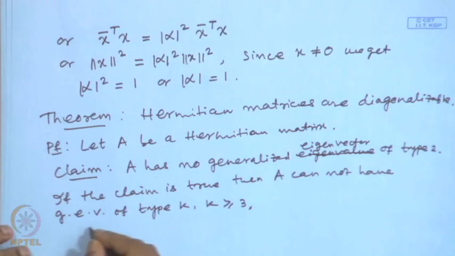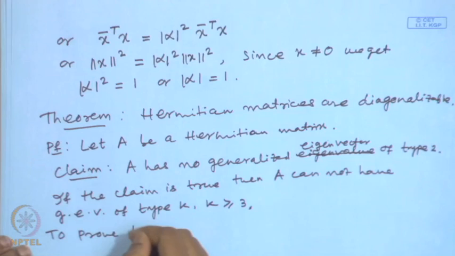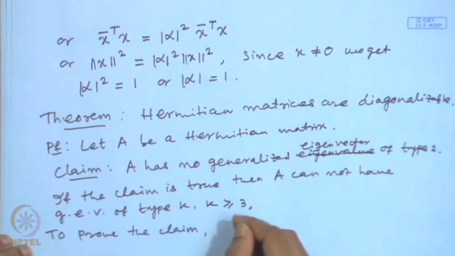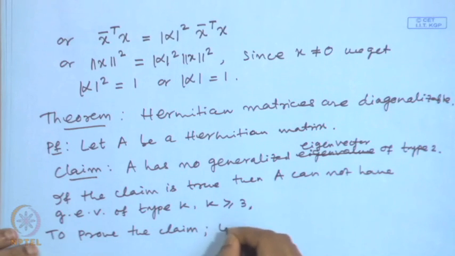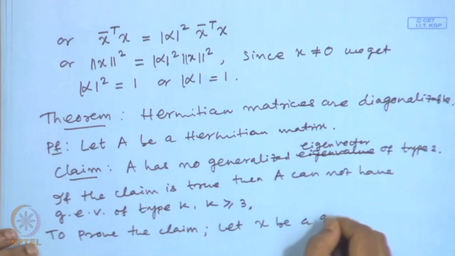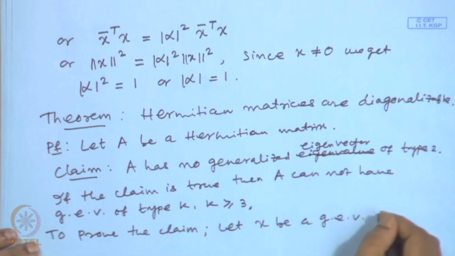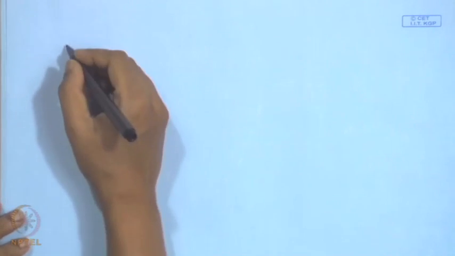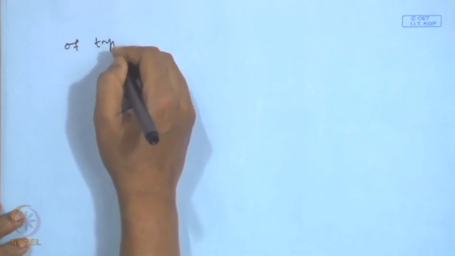To prove the claim, let us consider that x is a generalized eigenvector of A of type 2.